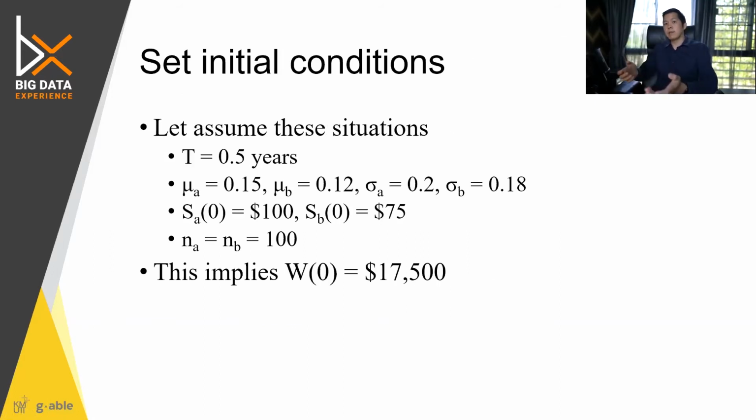Now let's try it out in code. So to try it out, say we have the time t equal 0.5 years, and that's for the exponential part, the change in the price. And we have the means mu A 0.15, mu B 0.12, and the sigmas.